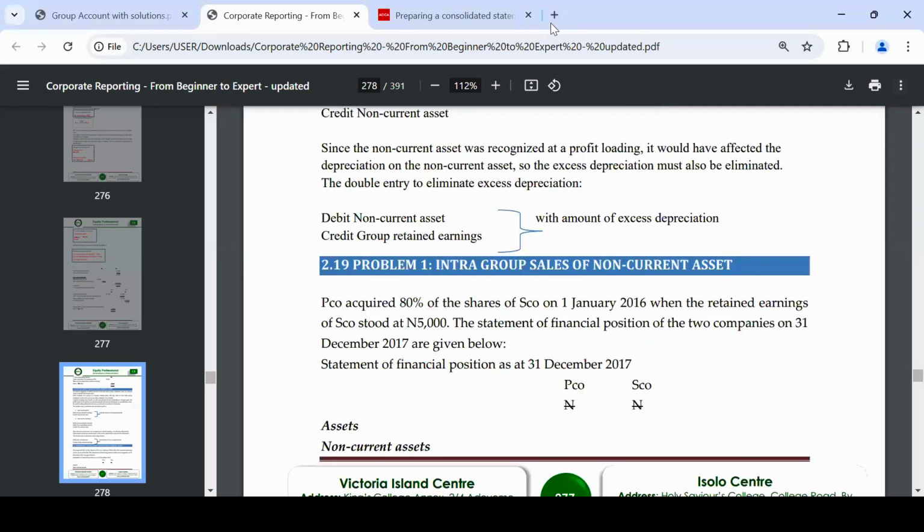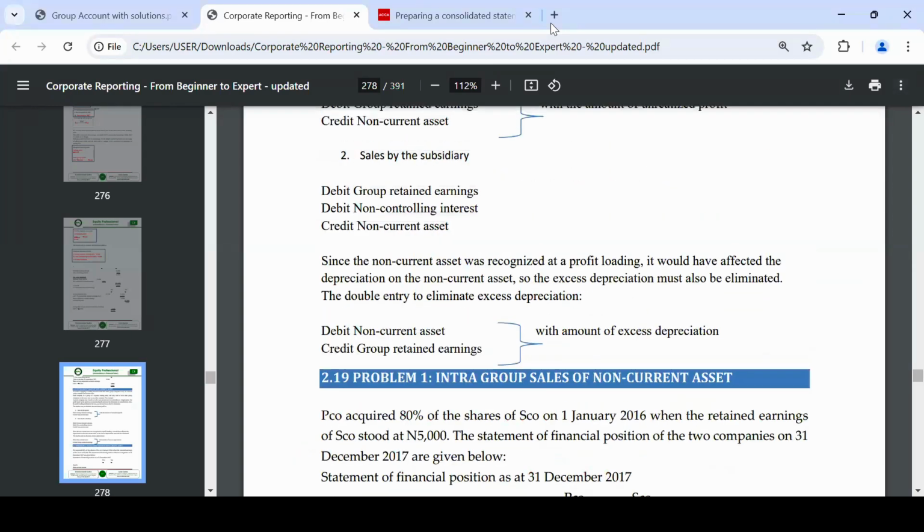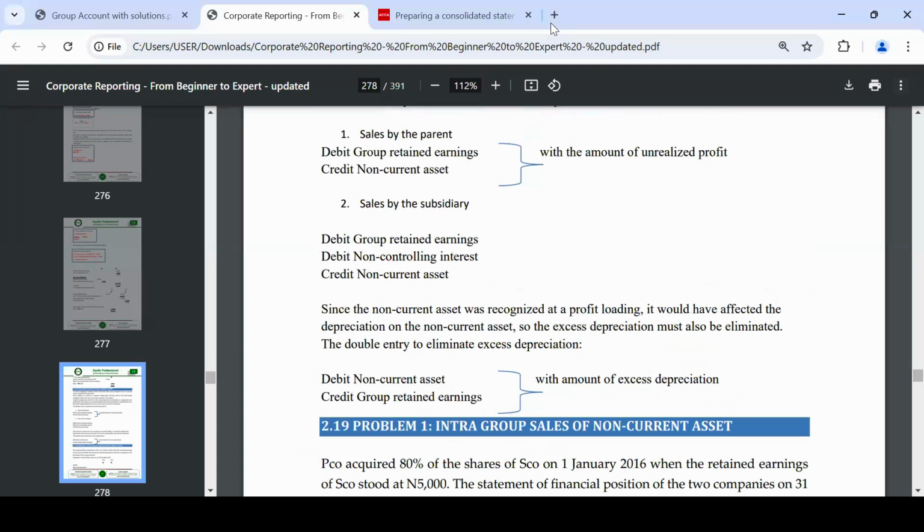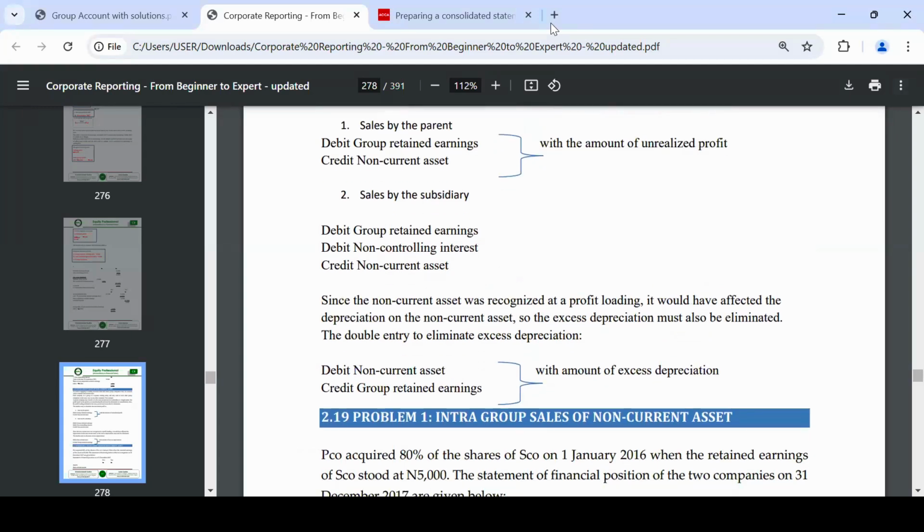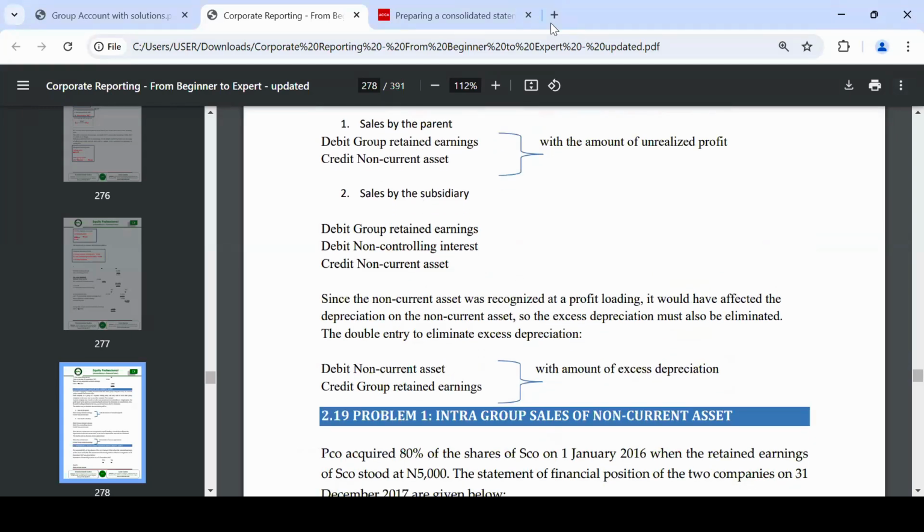Okay. Now, there's a note here that says, since the non-current asset was recognized at the profit loading, it would have affected the depreciation on the non-current asset. So the excess depreciation must also be eliminated. And the double entry for that would debit non-current assets and credit retained earnings.